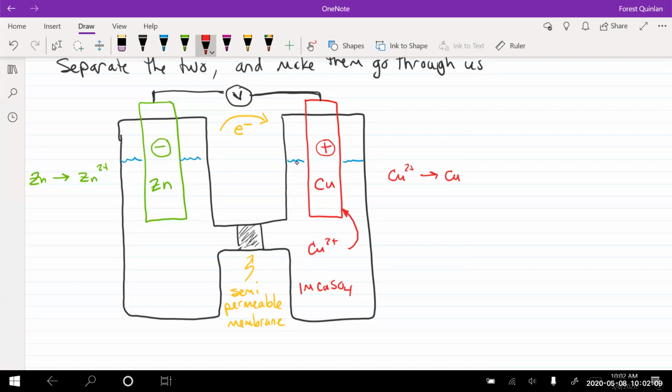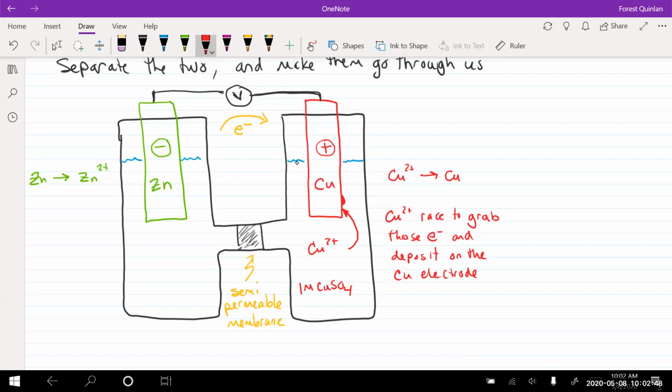And of course, as they grab them, they start to deposit. So, copper 2 plus race to grab those electrons and deposit on the copper electrode.